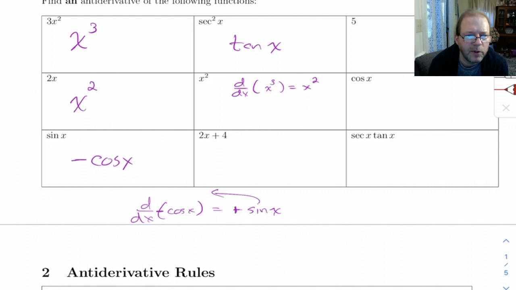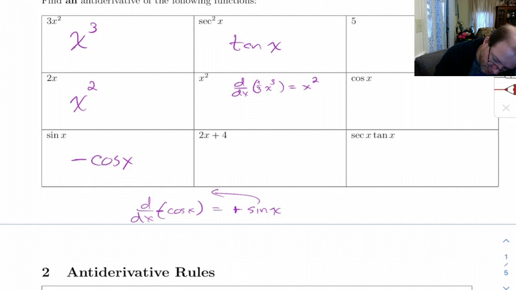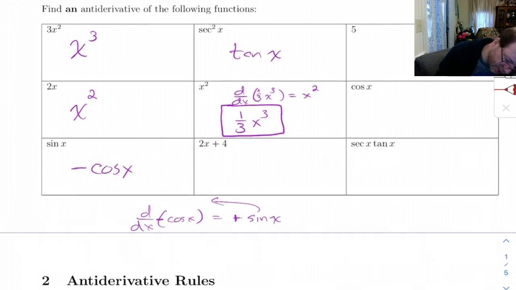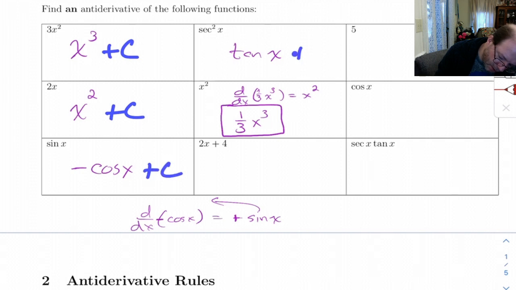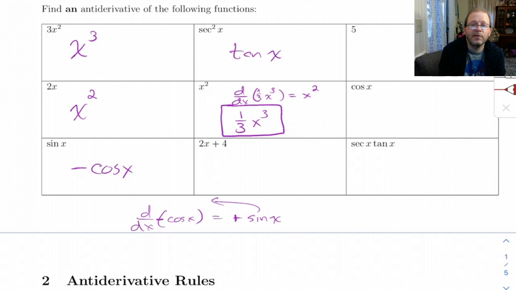The derivative of x cubed would be 3x squared. So this is going to be 1/3. So my answer here is 1/3 x cubed. Now notice one thing I should say. This says find an antiderivative. If I want to find the general antiderivative of all these, I could just put plus C on all of them. But since it just said find an antiderivative instead of the general one, I'm just putting down the simplest one, the one that has 0 for its constant.